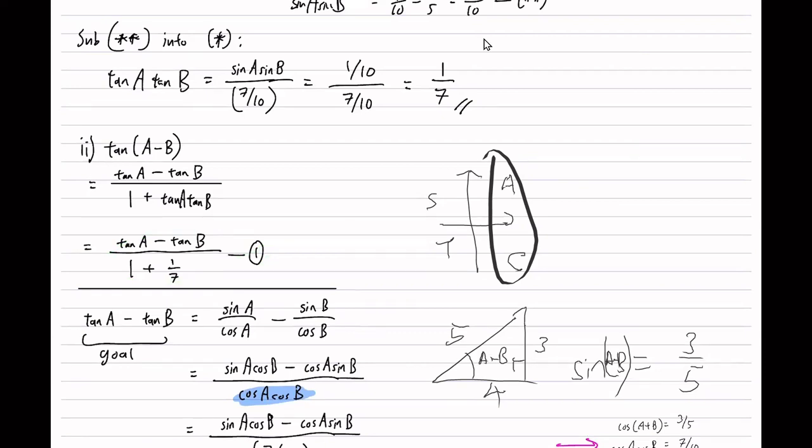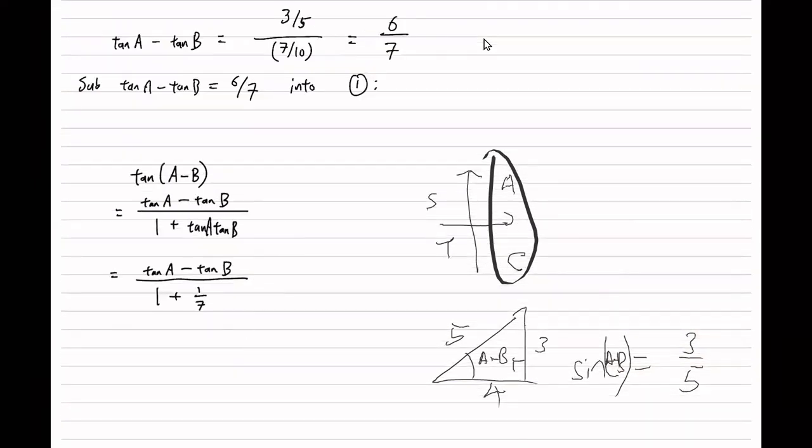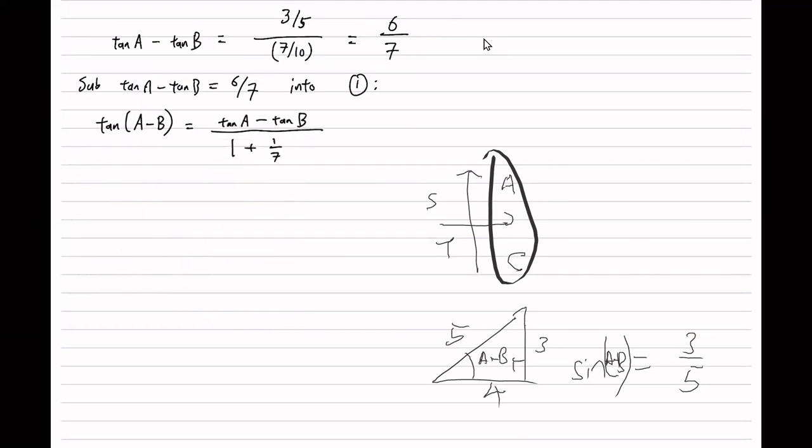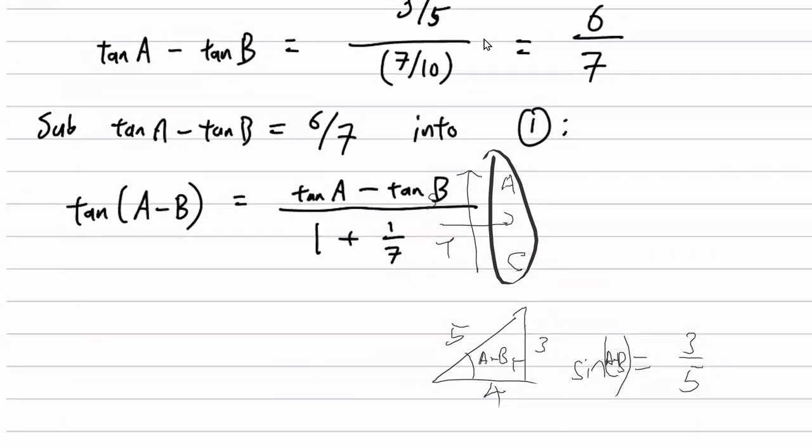So therefore, tangent of A minus B will be exactly equal to tan A minus tan B all divided by 1 plus 1/7. You can replace the numerator tan A minus tan B finally with 6/7. Then type in the calculator, 6/7 divided by 1 plus 1/7, and I get 3/4.